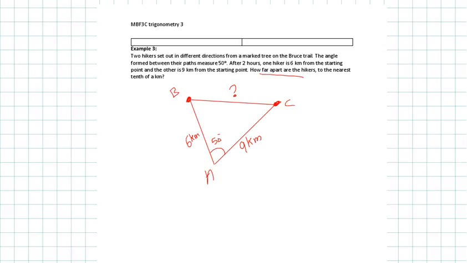So, I have 2 sides and the angle between them. So I can use cosine law, right? I'm looking for small side A. So I'm going to use this formula.